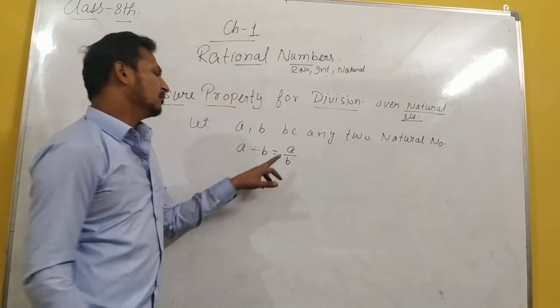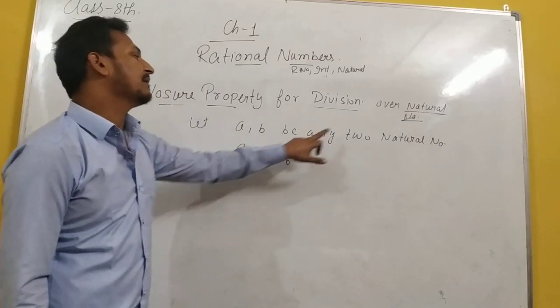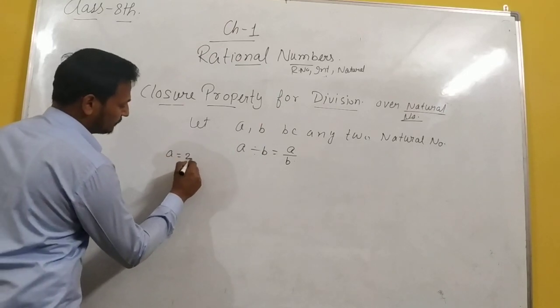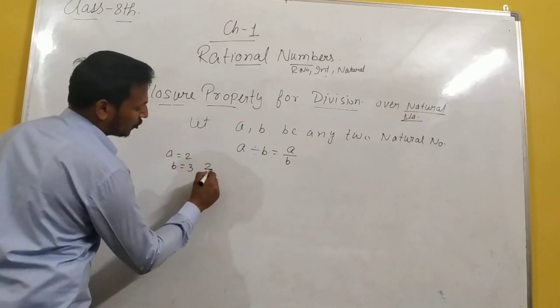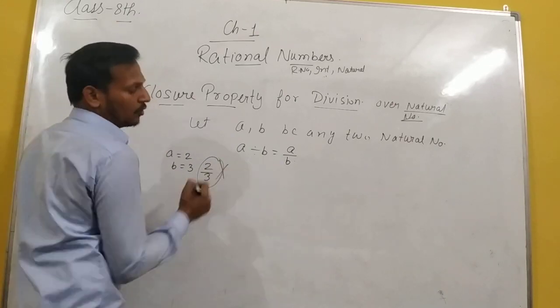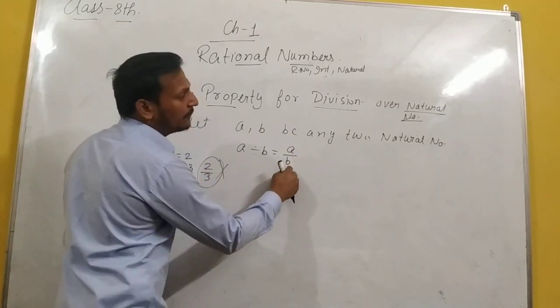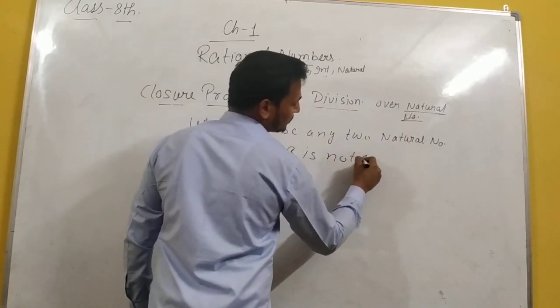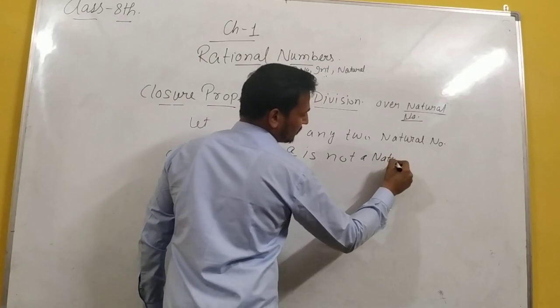Now think, does a/b come in natural numbers? Like if a is 2 and b is 3, then 2/3. Is it a natural number? No, it's not a natural number. That means a/b is not a natural number.